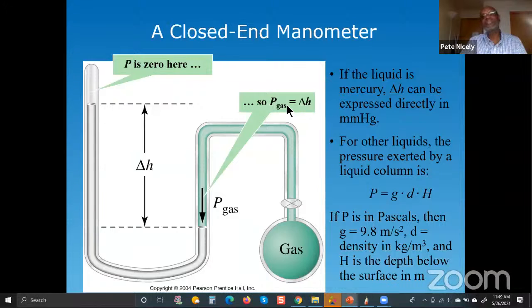So this h would be the same thing as the delta H right here. So if you are using some other liquid, or even in the case of mercury, if you want to calculate the value in pascals, then this would be the equation that you would use to determine the pressure in pascals, all right?